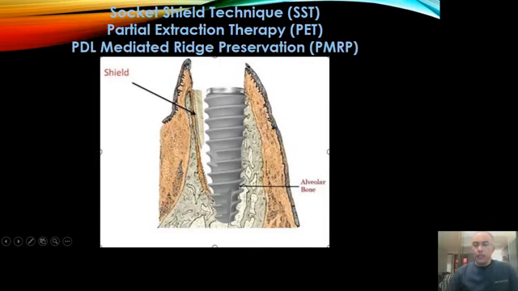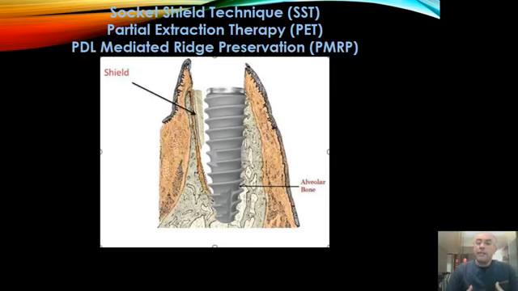The socket shield developed exactly from this idea, trying to jump over the immediate implant issues that we have by tricking the biology, leaving part of the root of the tooth as a shield. And this is called the socket shield technique. The partial extraction therapy, as I described, is a combination of everything: root submergence or pontic shield.